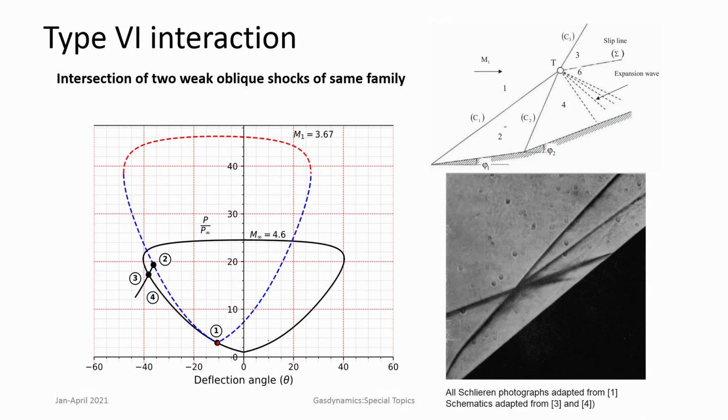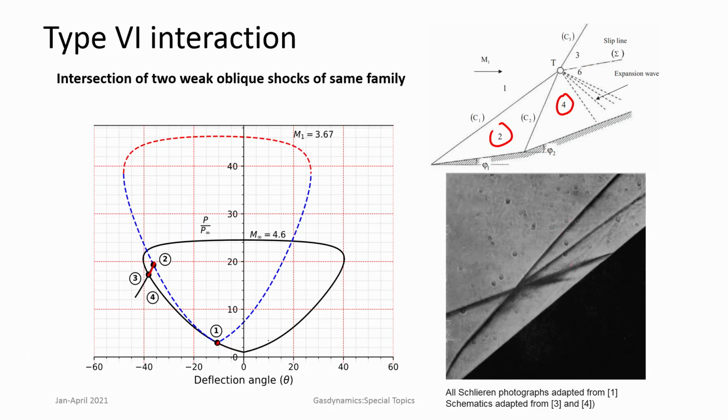So point 2 corresponds to the region, point 1 corresponds to region 2, while point 2 is here in region 4, and at that point an expansion fan develops, therefore pressure decreases again, and then we get the points 3 and 4, which lie along the slip line. And here is a Schlieren of the same.